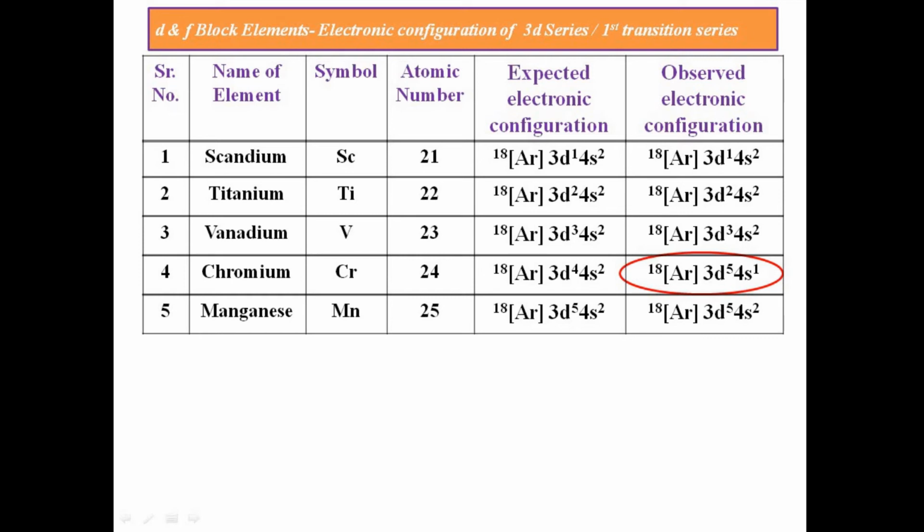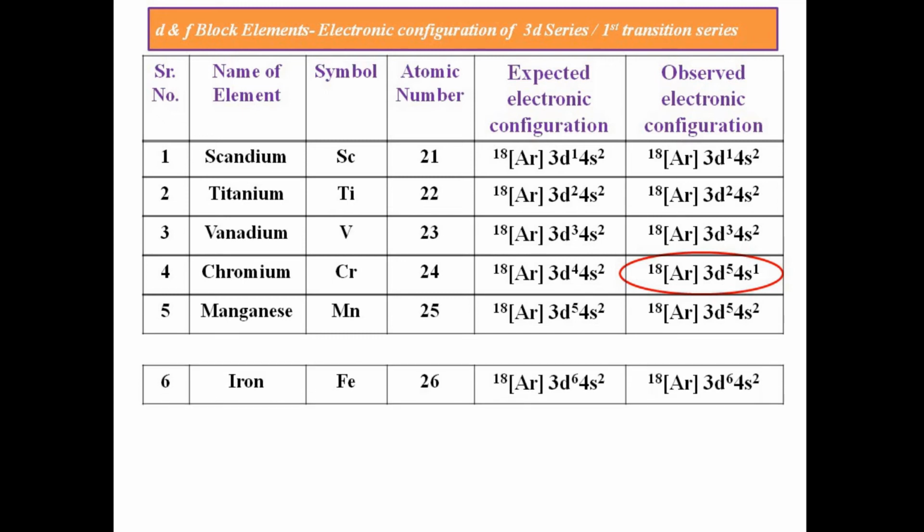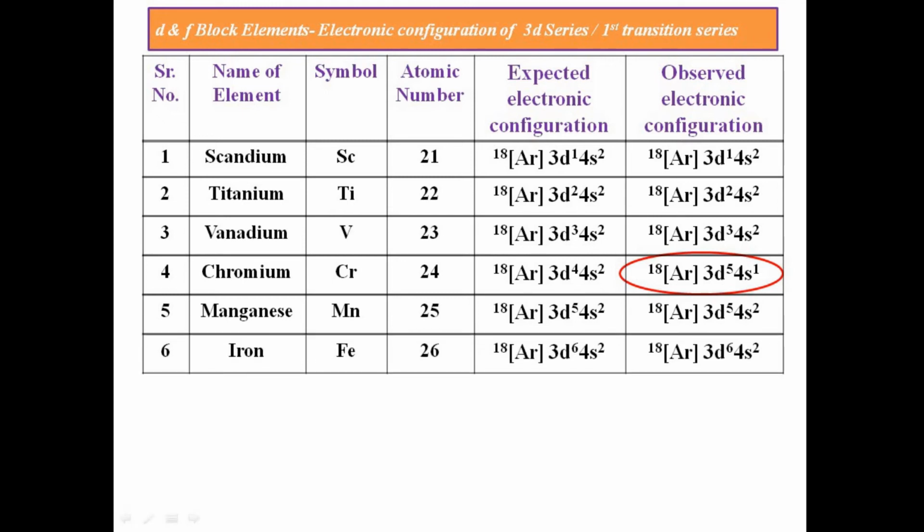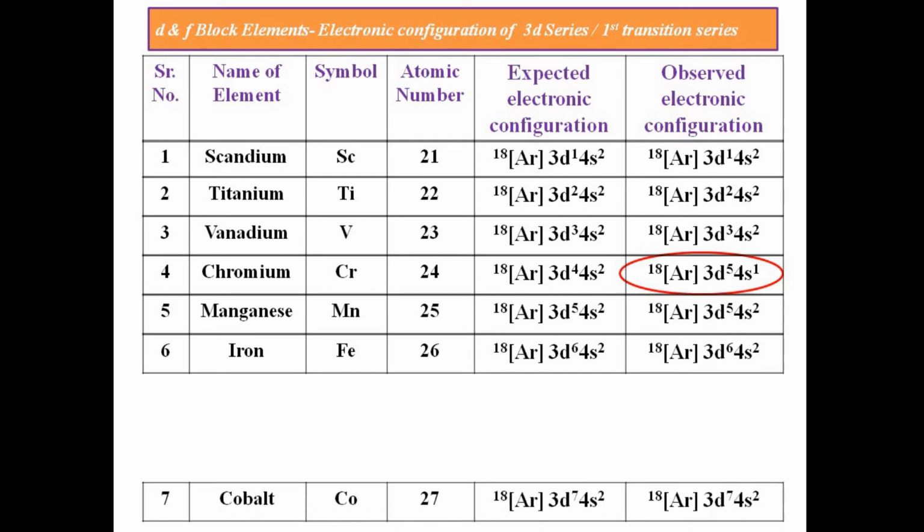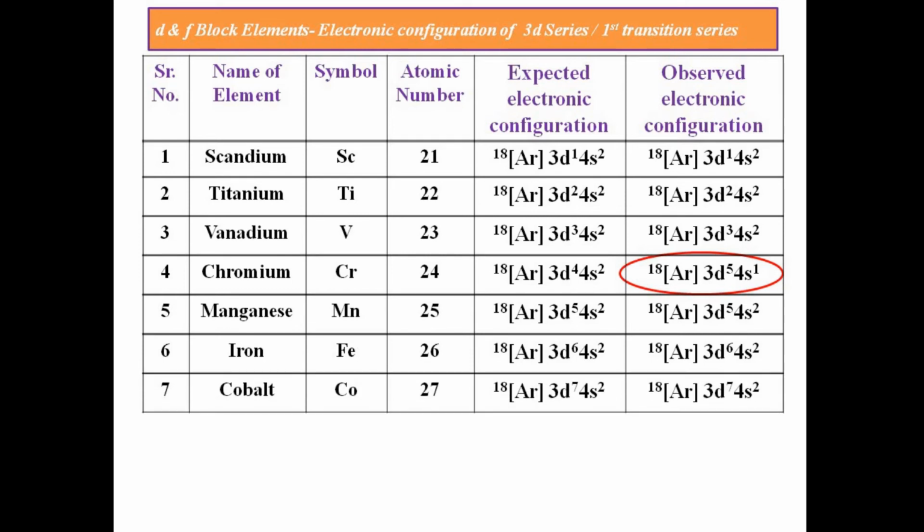Then the fifth one, manganese, Mn, atomic number 25, expected electronic configuration [Ar] 3d5 4s2, observed again the same. Then the sixth element, iron, symbol Fe, atomic number 26, [Ar] 3d6 4s2, again expected and observed the same.